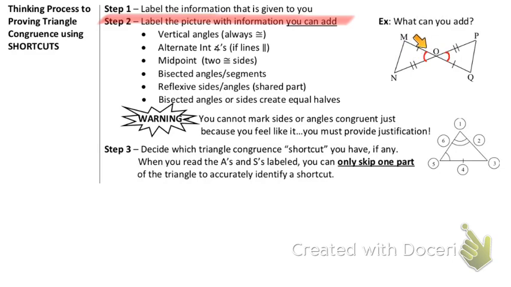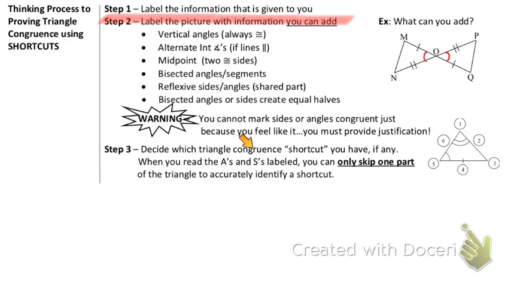I now know this angle is congruent to this angle, and my reasoning is vertical angles. So this is very helpful on your steps. Step 1, you want to label the information given to you. Step 2 is the hardest part. You have to come up with information based on what your drawing looks like. And then step 3, as we're going to talk about later in the slide, you're going to try to decide what shortcut do I have.